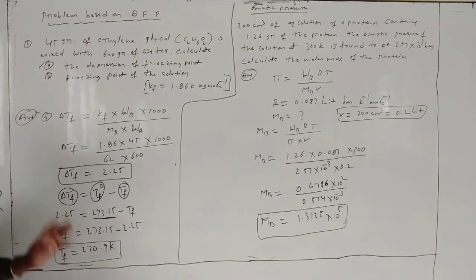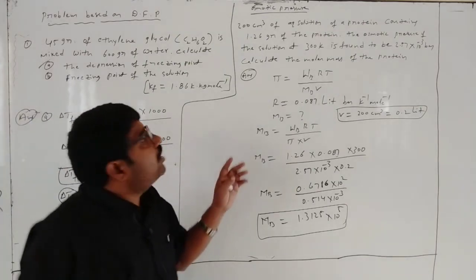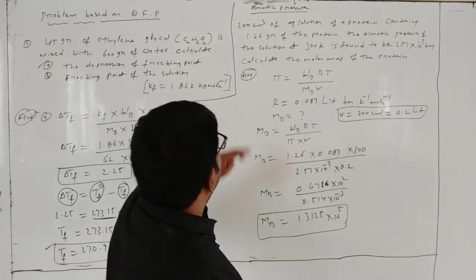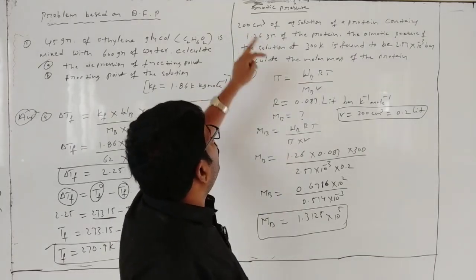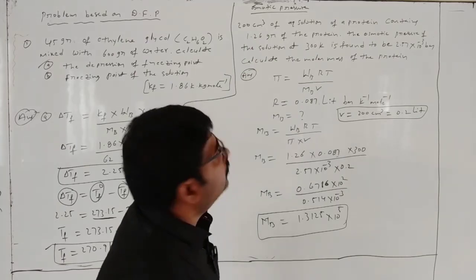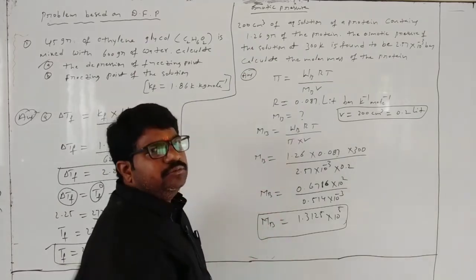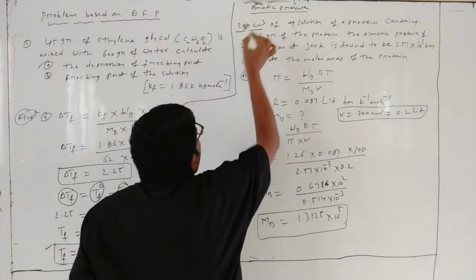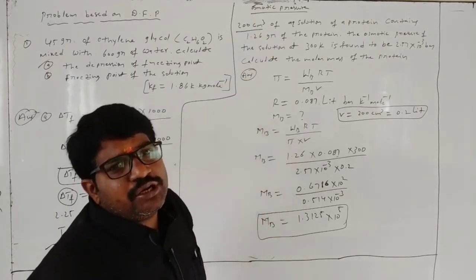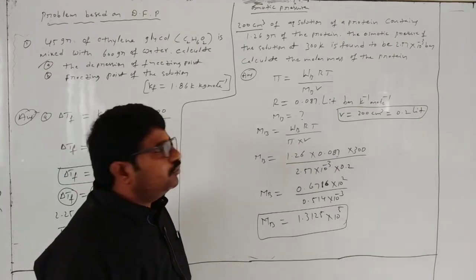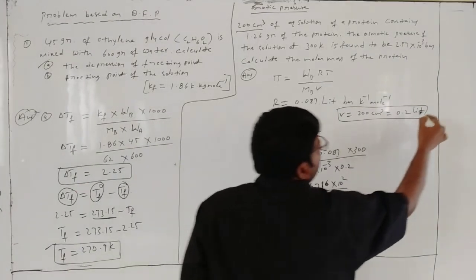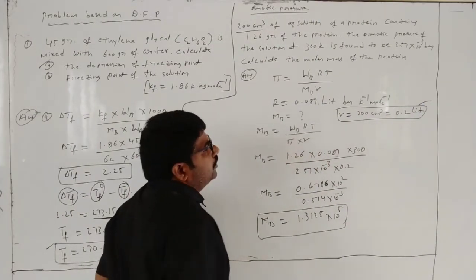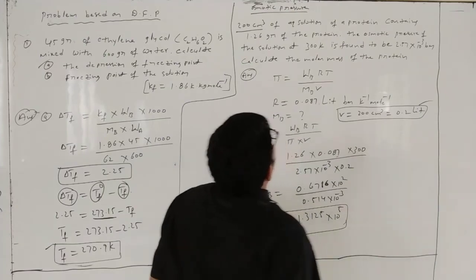Now coming to one more problem, based on osmotic pressure. 200 centimeter cube is the volume. Now the centimeter cube is converted to liters. So 200 centimeter cube is equal to 0.2 liters.